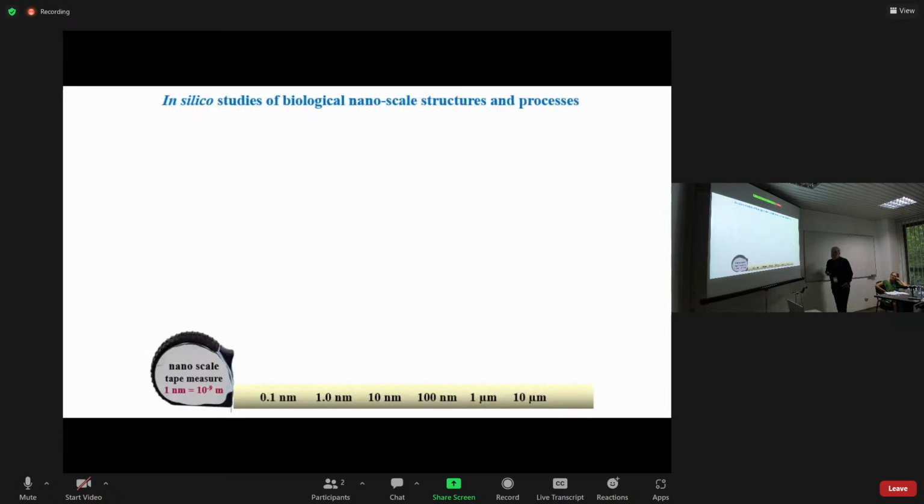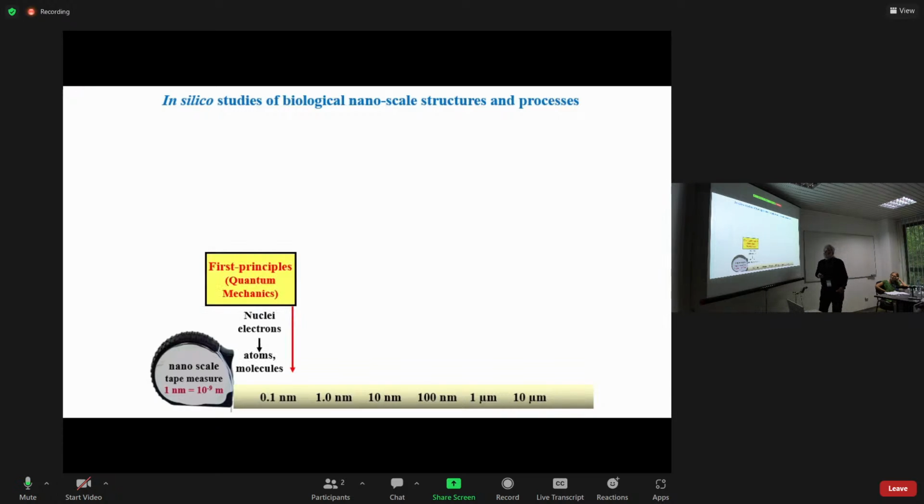So if you look at the so-called nanoscale, it starts perhaps from 1 angstrom and it goes to 100 micrometers. It turns out that when you do in silico, there is no single modeling method you can use to cover all this nanoscale.